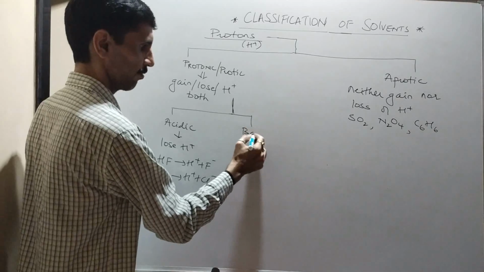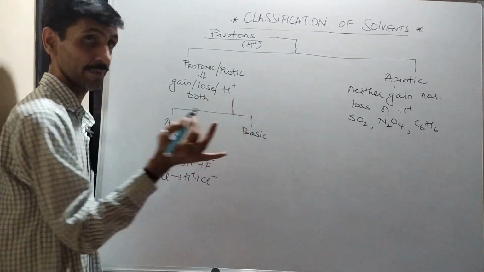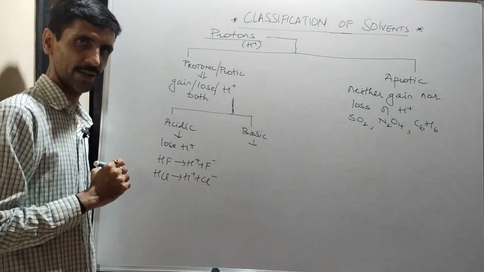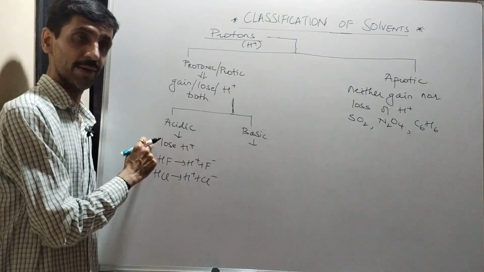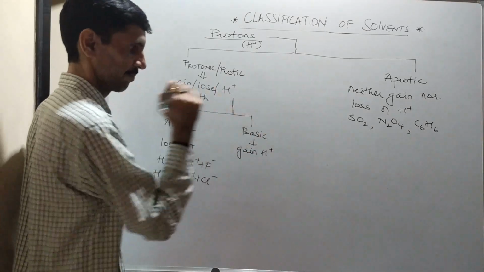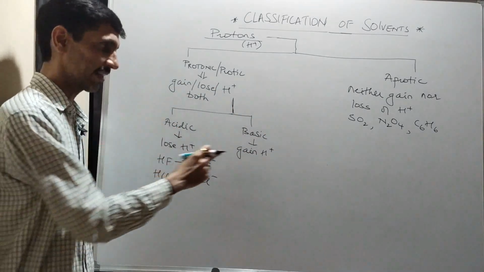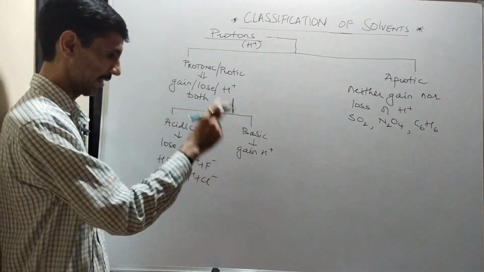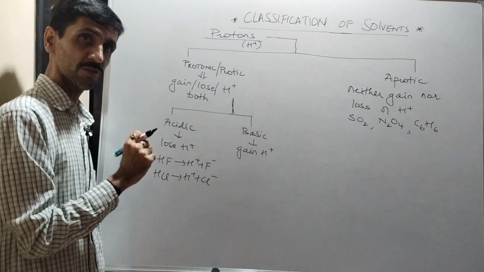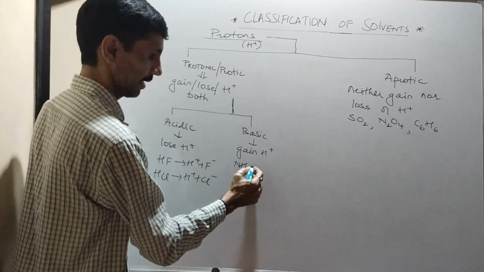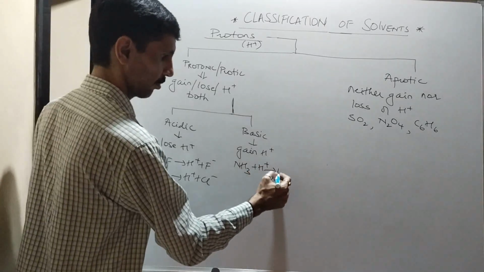The next one we talk about is basic. I hope you understood, my dear friends, what I am going to say over here. You are quite smart, so you must have understood immediately that when we talked about losing protons, here we talk about gaining protons. Protons are lost here and gained here. Once again, friends, we have to write it as a reaction, so how will we write it? NH3 plus H+ gives you NH4+.